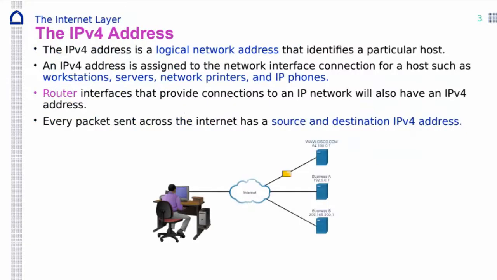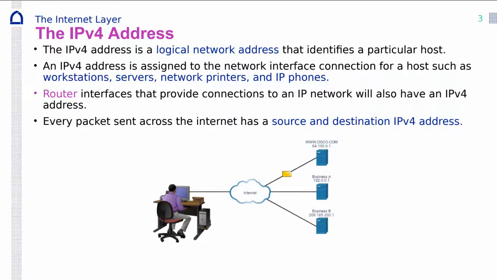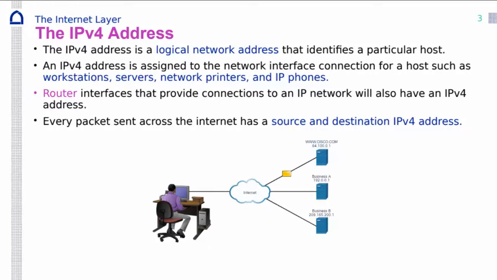The IP version 4 address is a logical network address that is given to a host in order for the host to be able to communicate on the internet or in the network. IP version 4 can be given to workstations, servers, even IP phones, network printers.